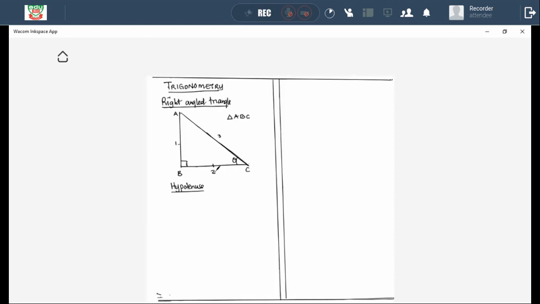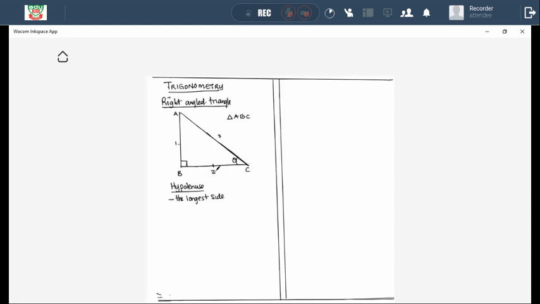On my right-angled triangle, the hypotenuse is identified as the longest side. On your triangle, look at this. From A to C, AC is the longest side. So we call it the hypotenuse.